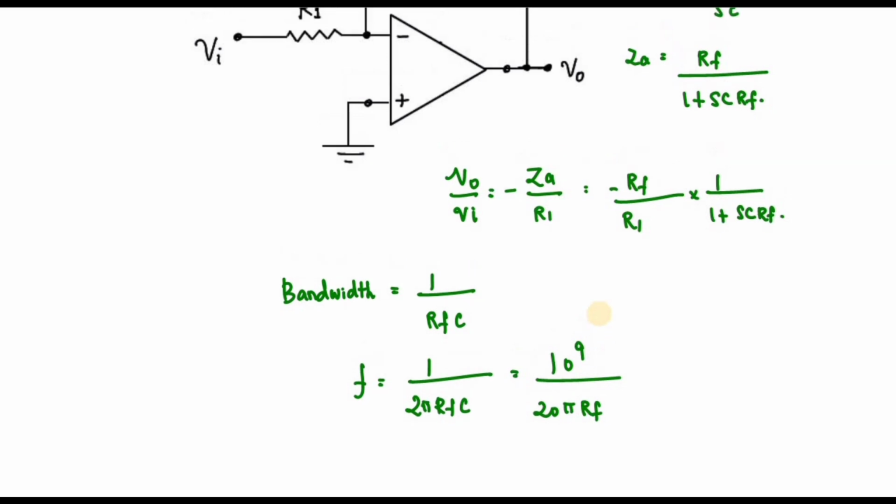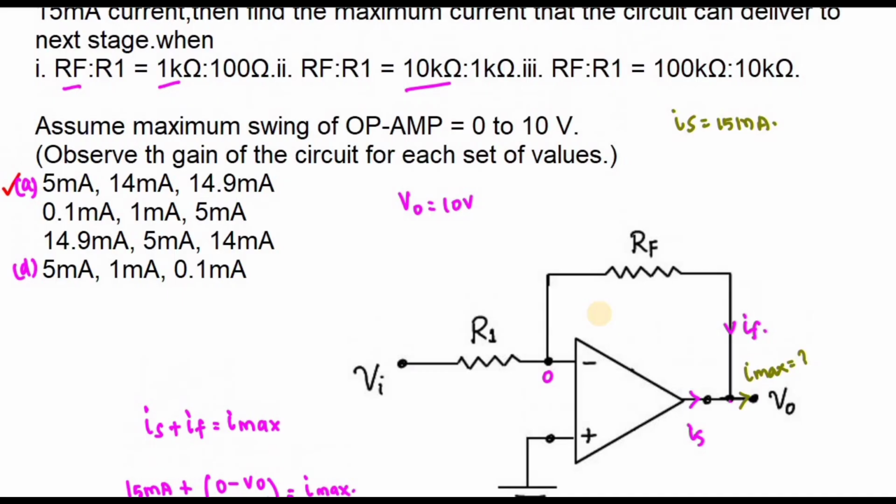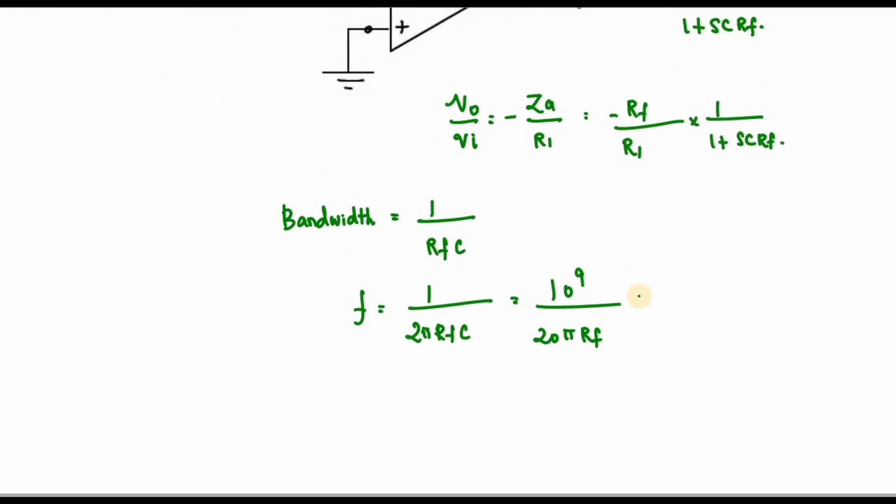For different values of RF, I can take it from here. For the first, I can take the RF value equal to 1K. If RF value is 1K, it is nothing but 10 power 9 divided by 20 pi into 10 power 3. So this is nothing but 10 power 6 divided by 20 pi.